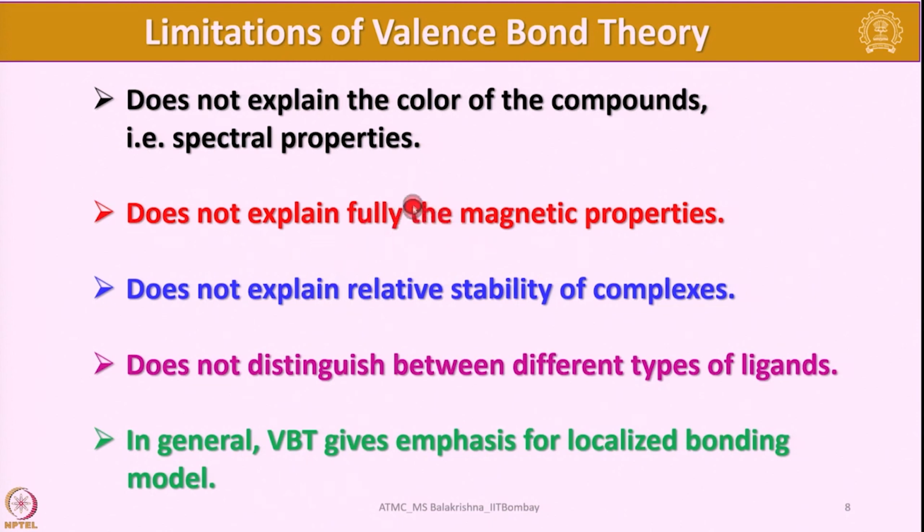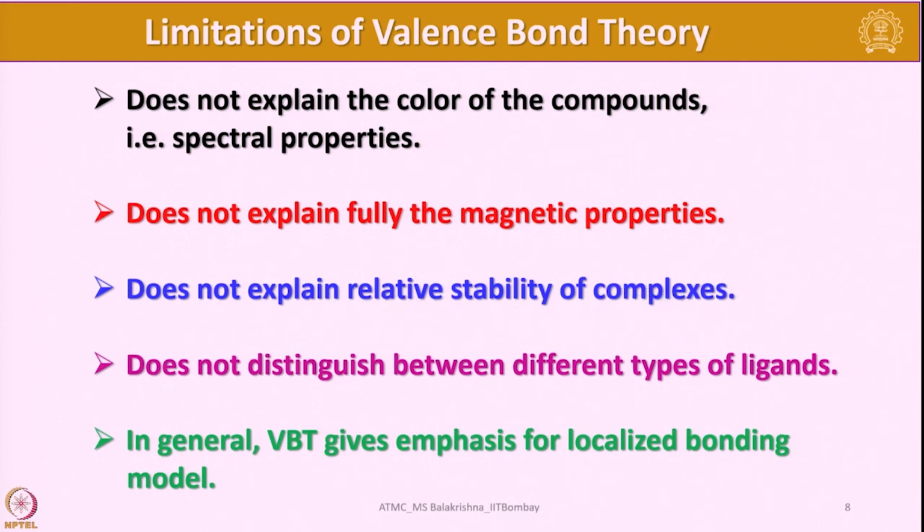When you go for 4d and 5d, most of the metal ions do not obey them. Experimentally determined values are always different from theoretical values calculated from spin only, and valence bond theory does not explain these things and does not explain relative stability of complexes.